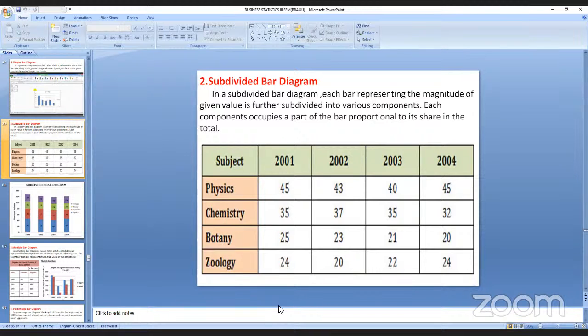So 129 students have passed in all the subjects in 2001, and in the same way 2002, 3, 4.